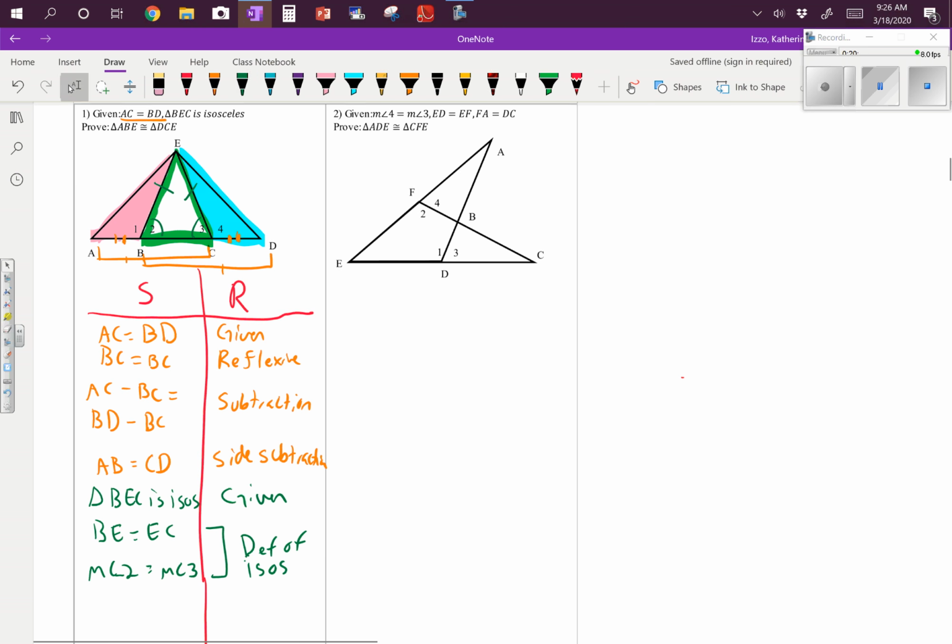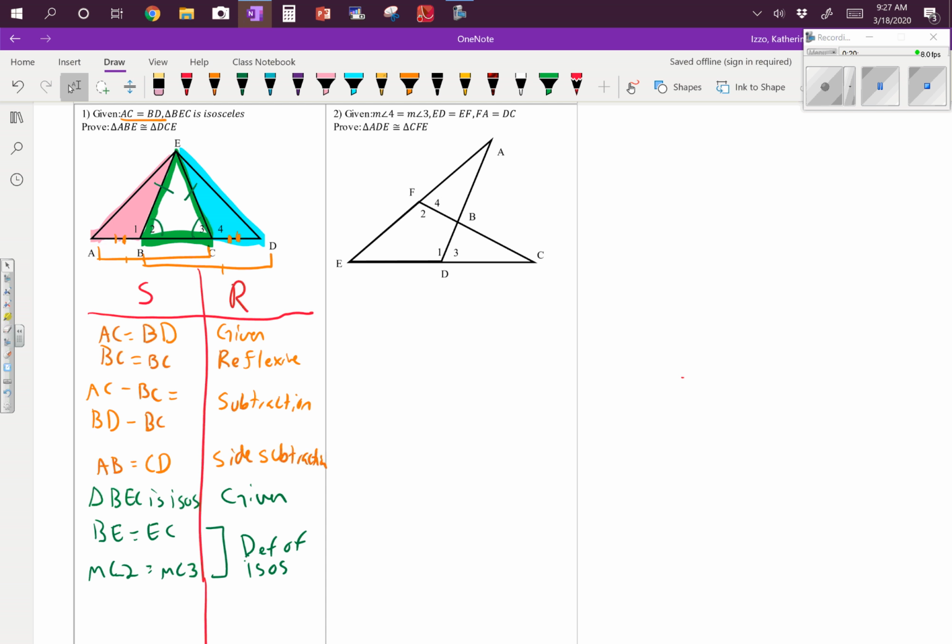Okay, we've got two pairs of sides. We're almost there. And we've got two angles. They're just not in the right triangles. Yeah, how do we put the angles in the right triangles, Squirrely? What do we have to do? Do you remember from last time? Yeah, we have to do linear pairs.